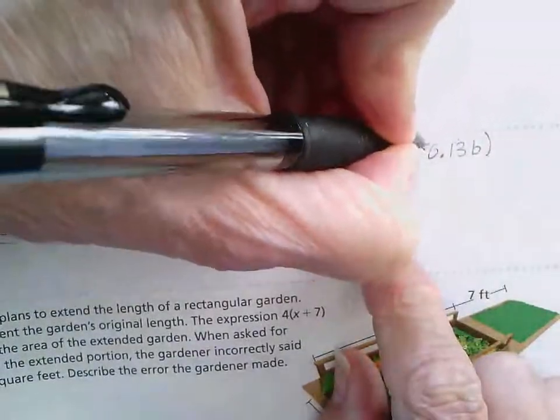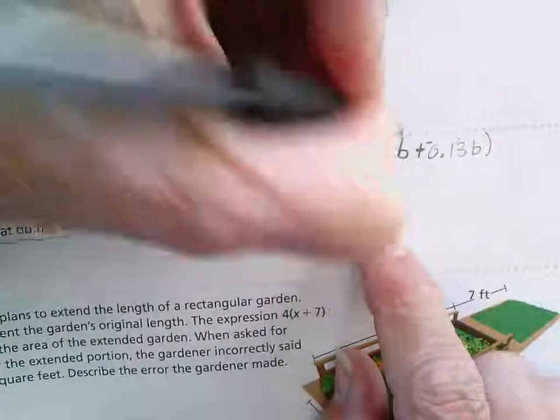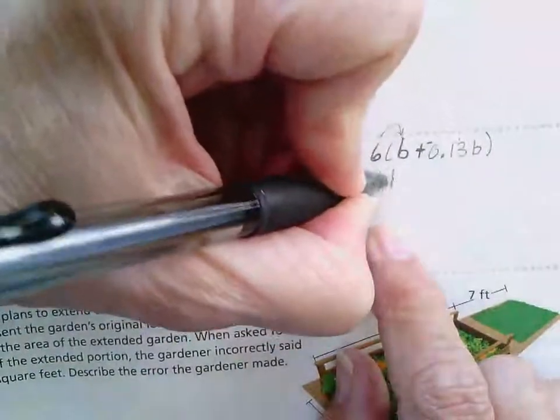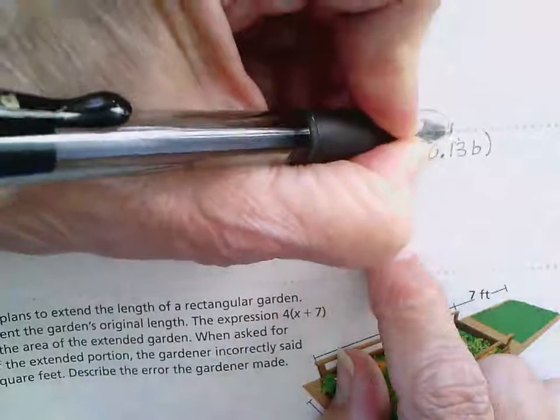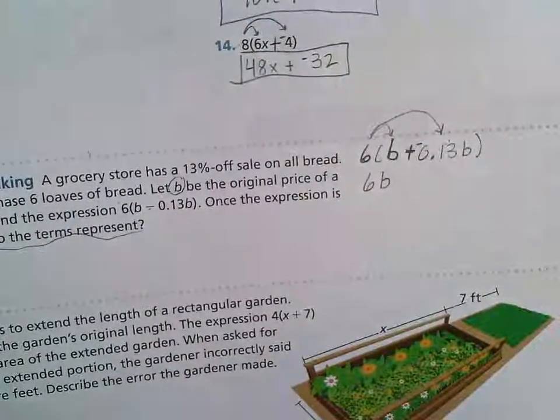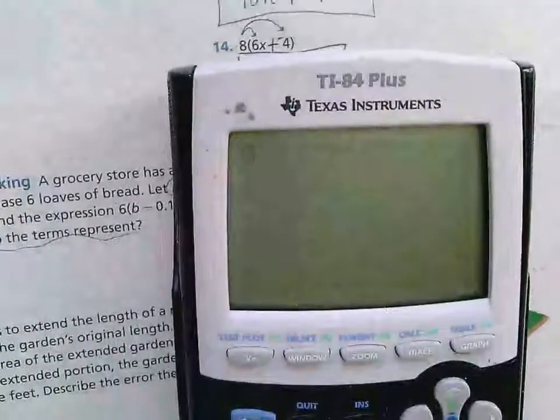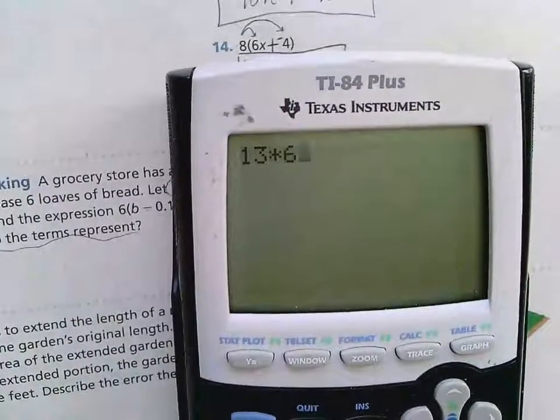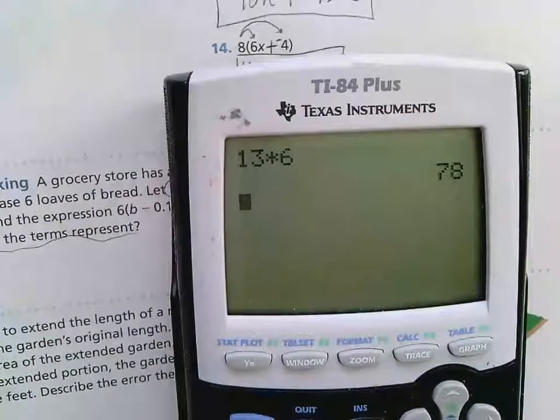So first I'm going to change this, and I'm going to apply the distribution. And I don't know my 13s, maybe you guys do. So I'm going to take 13 times 6, and that's 78.